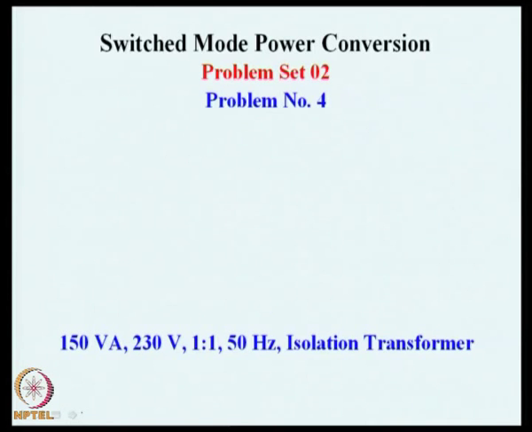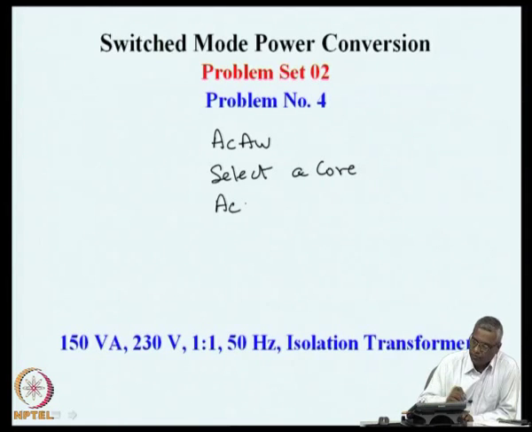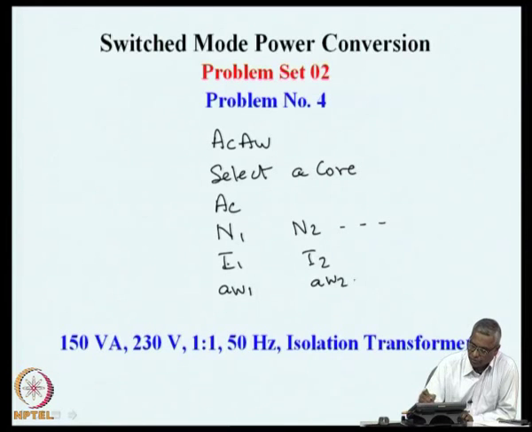Now, the design of the transformer followed the similar kind of procedure that we had seen earlier when we were explaining about the transformer: find out the core product, select a core, then for that core find out AC, find out the number of turns N1, N2, etc., and then find out the currents I1, I2, etc., then find out the cross sectional area AW1, AW2, and then find it out in the standard wire gauge.